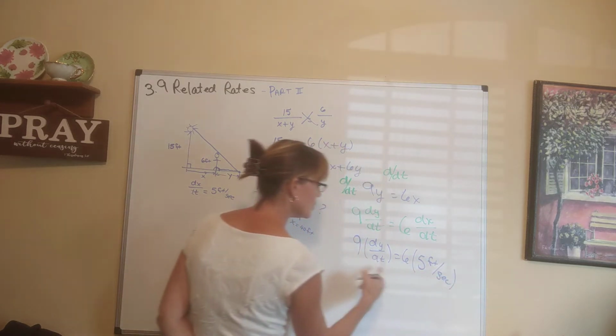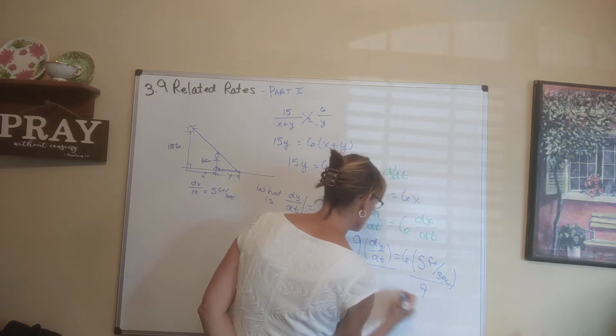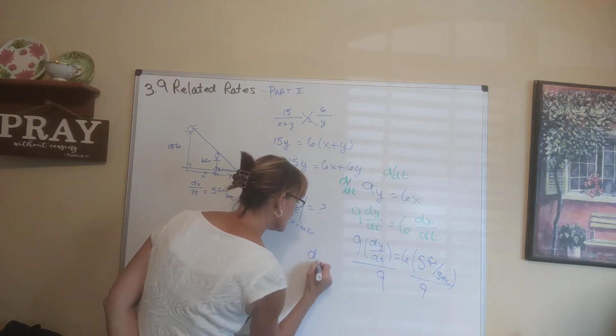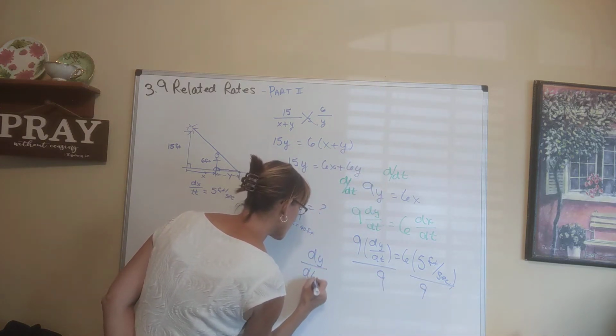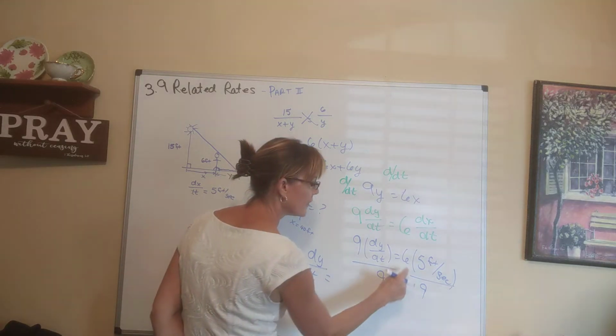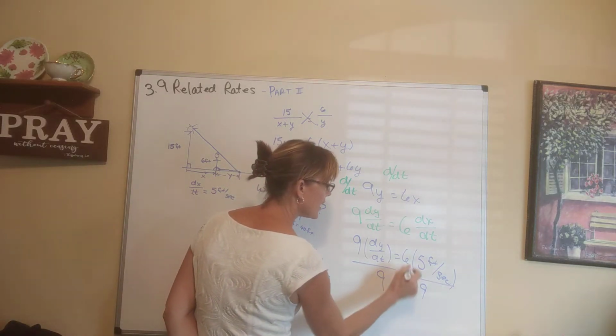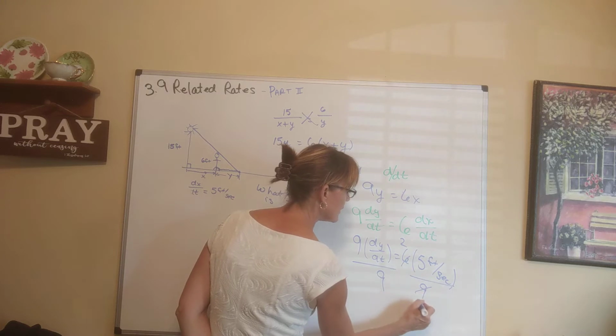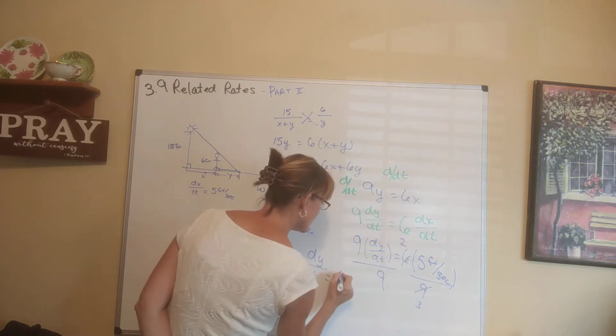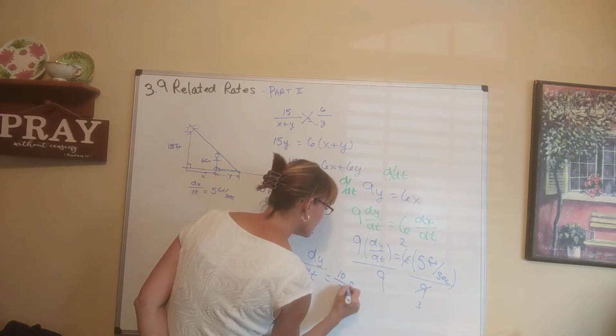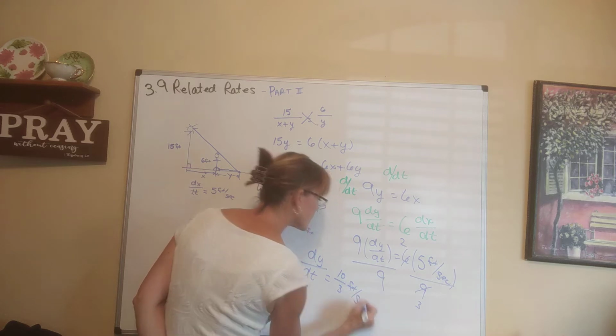And all we have to do is divide both sides by 9 to solve for dy/dt. So the tip of the shadow is moving at a rate of 30 divided by 9, or if I divide this by 3, 10 over 3 feet per second.